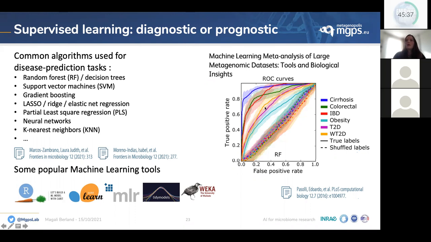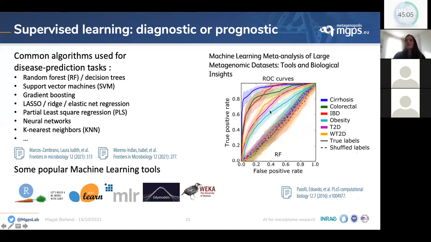And what you can see is that all the algorithms are better than this baseline, but there are huge differences between the diseases. For example, for liver cirrhosis or even IBD or colorectal cancer, the prediction accuracy is quite good, and the algorithm can distinguish diseased and healthy people quite well. But for some other diseases, for example obesity, it's quite hard to give a precise answer.